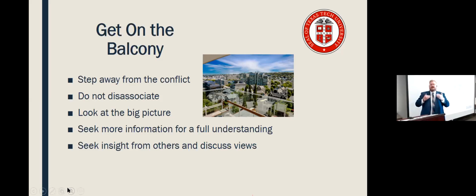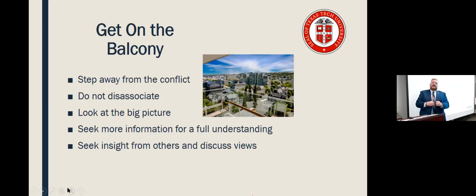Sometimes we have to take ourselves out of the challenge as leaders and think more broadly about some of these things. You don't disassociate, you're just taking a step back to maybe view the behaviors of others that you're working with, of communities, of taking maybe a different perspective or a different view. You're looking at the big picture, you're seeking more information for a full understanding.